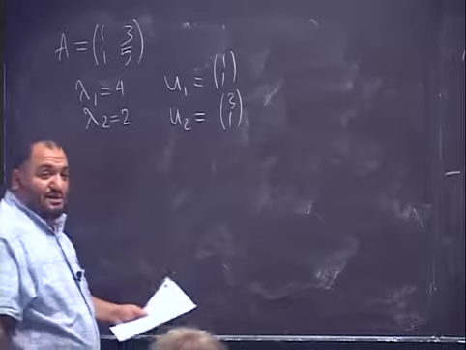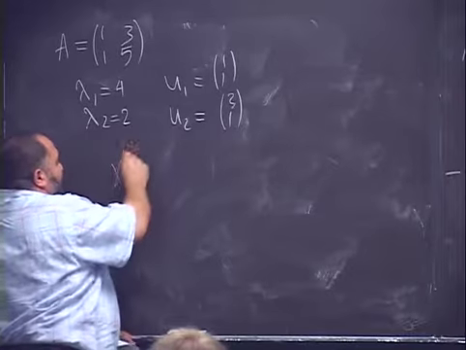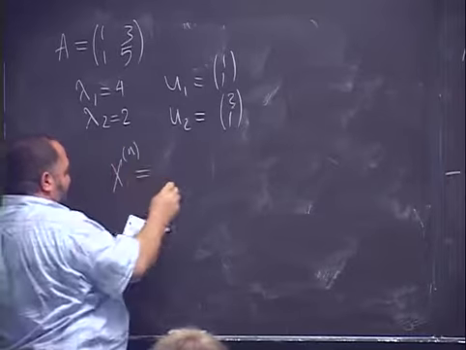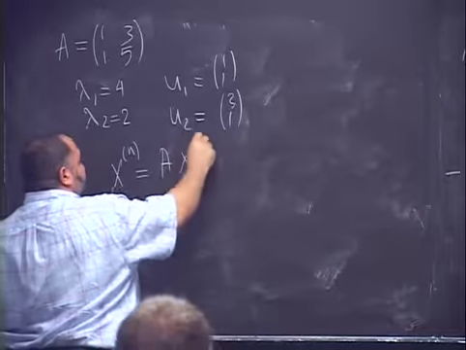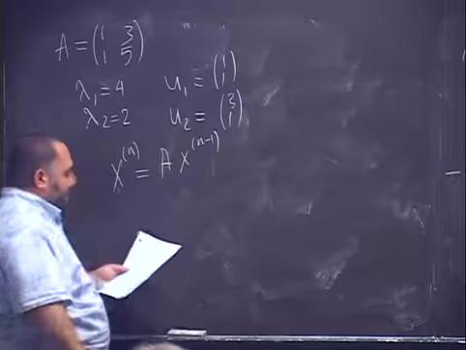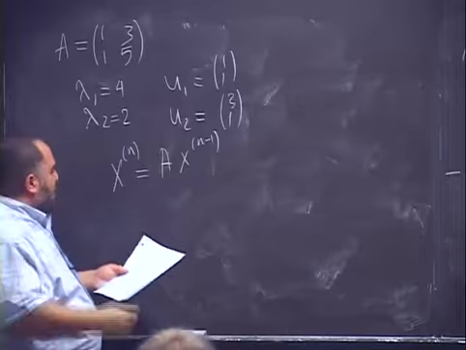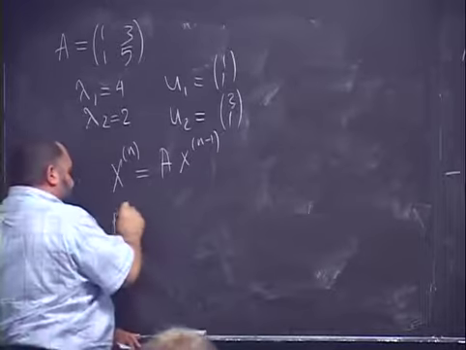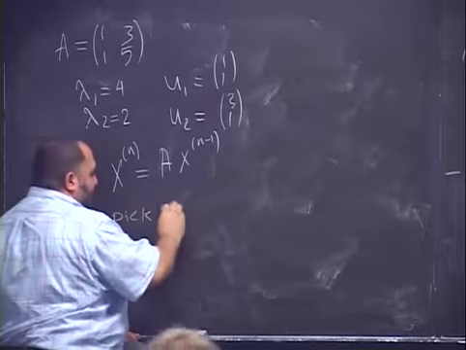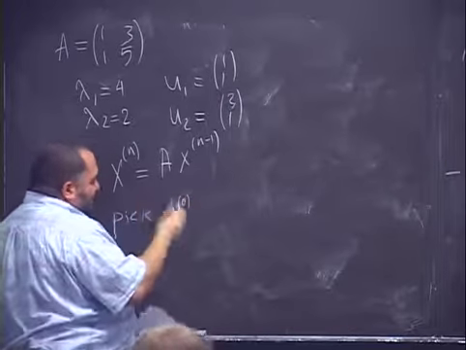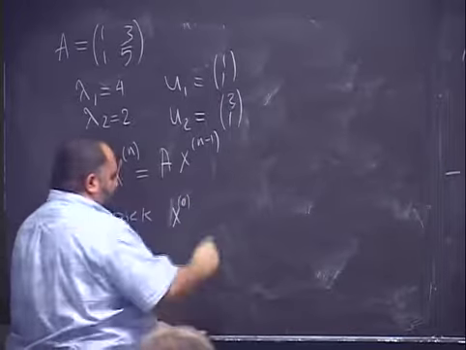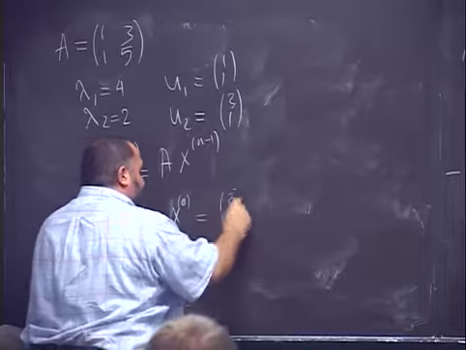Okay, guys? So the formula again, x to the power of n would be equal to A multiplied by x after iteration n minus 1. So let's pick the value for x initial, the initial guess. Let's assume that x initial will be something like 2 and 1.